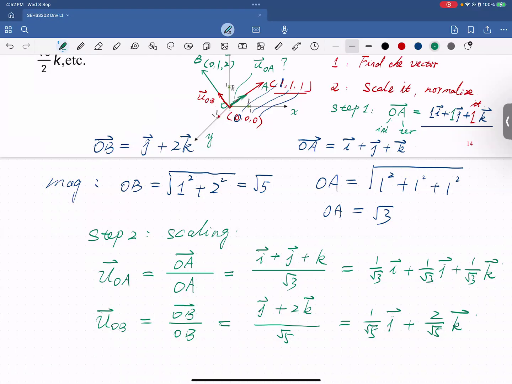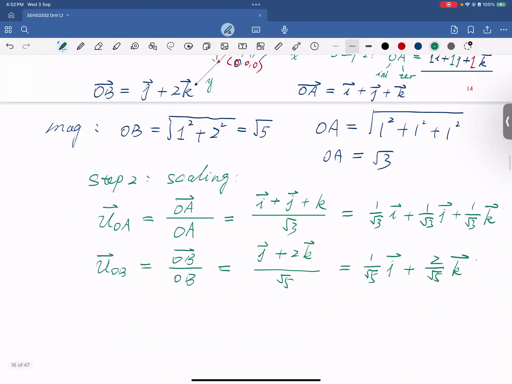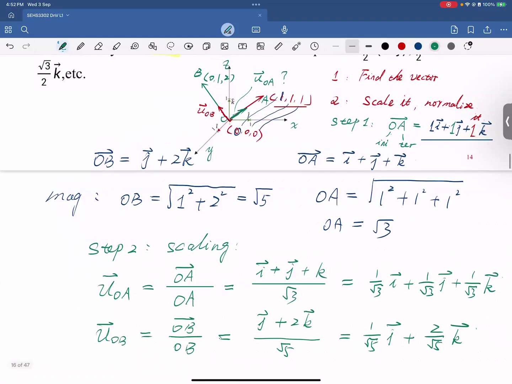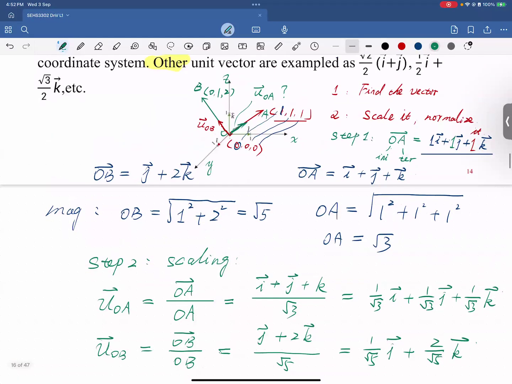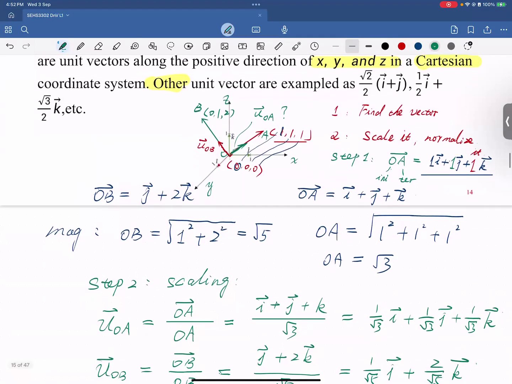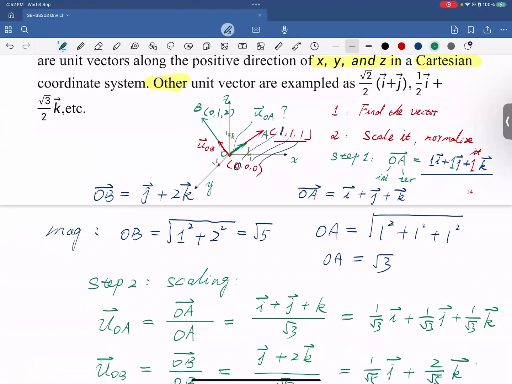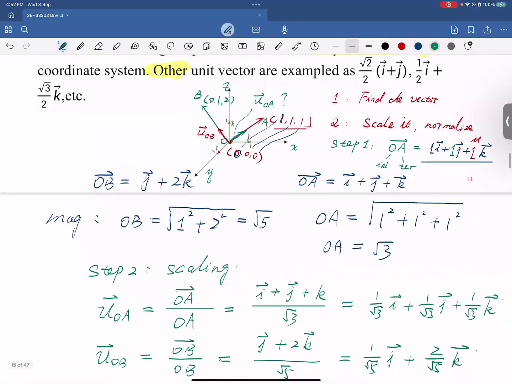Because after you get this unit vector, it's convenient for you to do further analysis. In the later discussion, when you forget unit vectors, you can come back to this slide and see what I did.